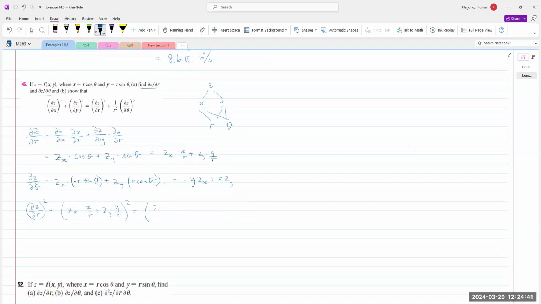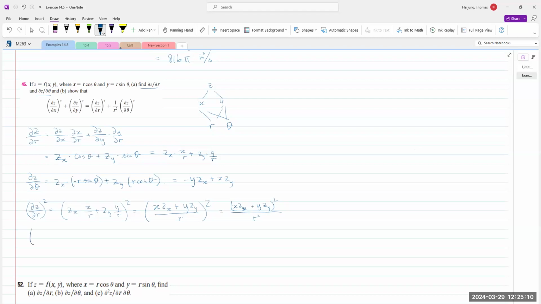It's nicer. x c sub x plus y c sub y over r squared, over r being squared. That is something over r squared. Let me just leave it like that for now.